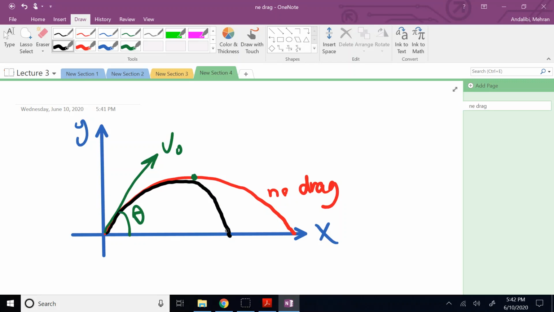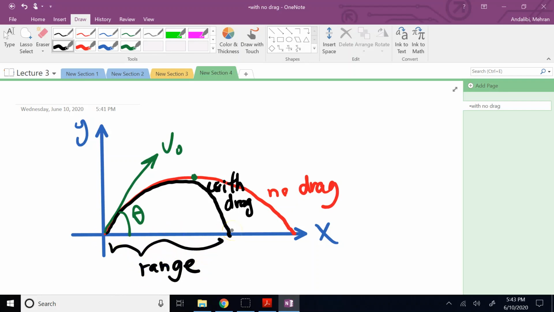First of all, it is not going to be symmetric anymore. You cannot find any point with respect to which the left and right side are symmetric. And this distance, which is the horizontal distance of the point at which the projectile hits the ground, measured from the origin, we call range, okay?